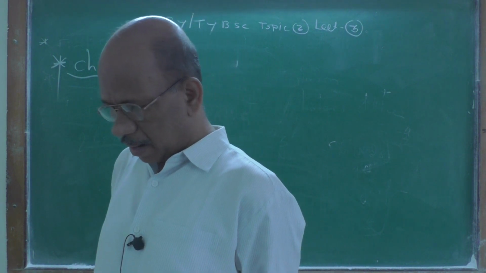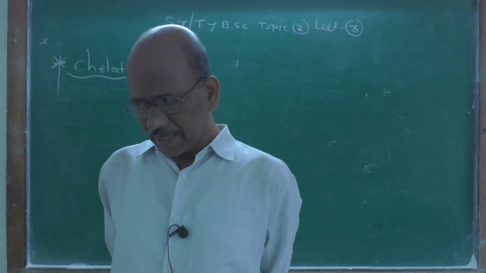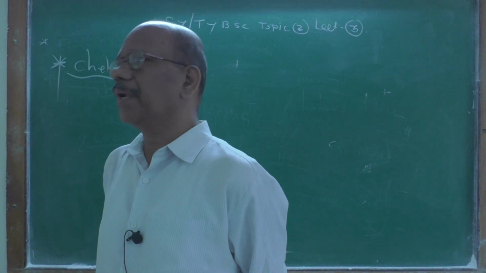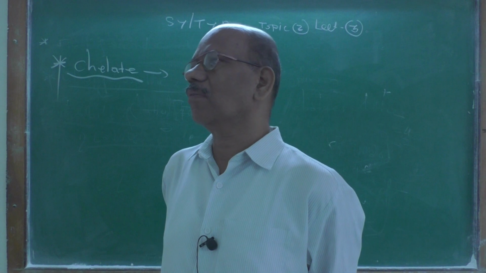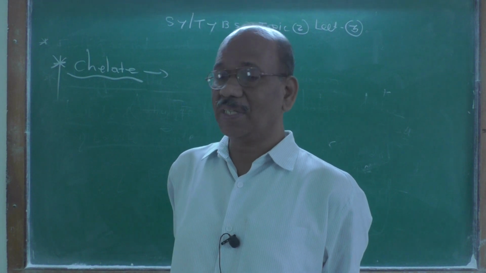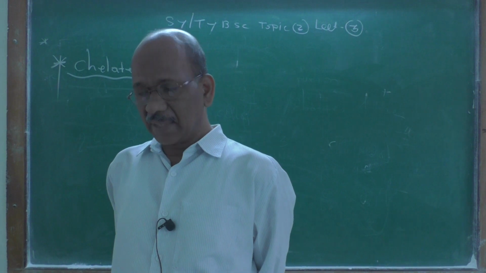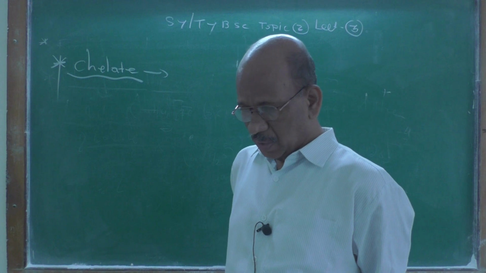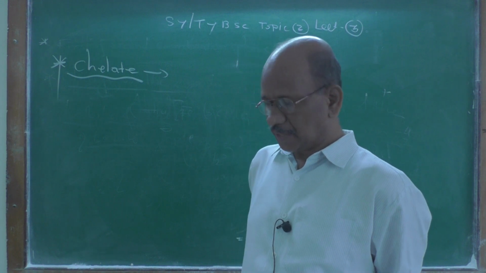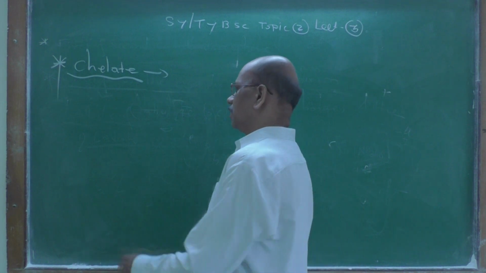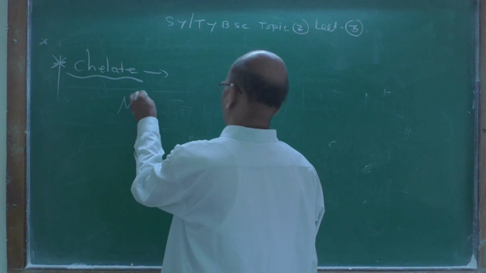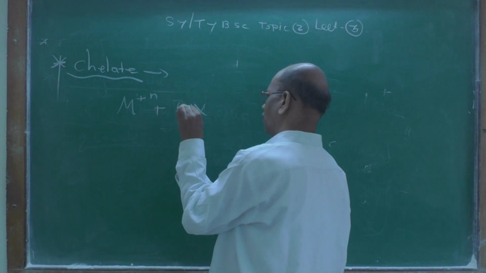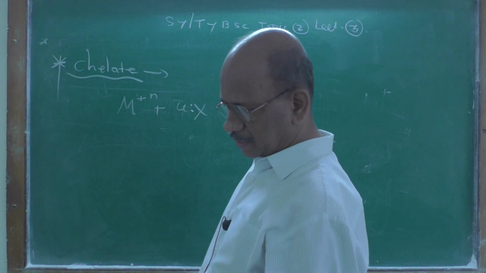Then the resulting compound is called a chelate compound or metal chelate. A substance that can donate two or more electron pairs to a metal atom or ion is called a chelating agent, and the whole process is called chelation. Suppose metal M n+ reacts with 4 X, which has a lone pair of electrons.